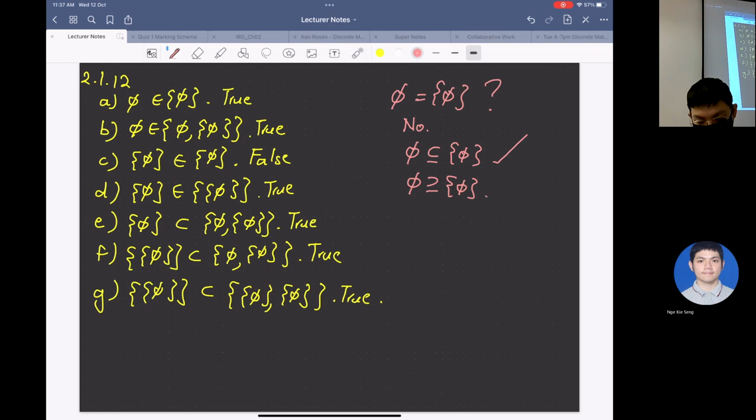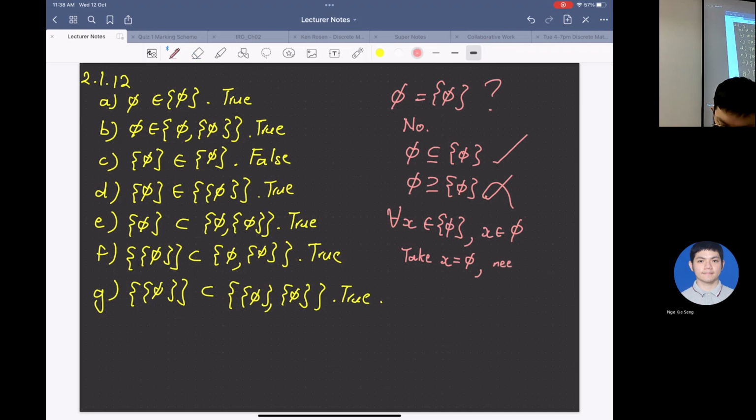How about the other one? Why false? For this, I have to show that for every x in the right hand side set, x is in phi. In particular, I can take x equal to phi, because this is an element in the set, and then I need to show that phi is in phi.